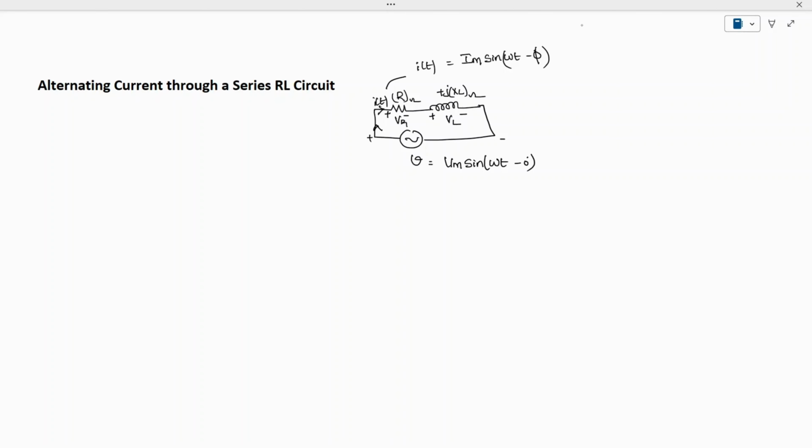So now to link all these voltages and currents, we are going to apply KVL inside the loop. When you apply the KVL, the leaving voltage is plus V, and the leaving terminal is minus VR, and the leaving terminal is minus VL, equal to 0. Therefore, applied voltage V is equal to VR plus VL.